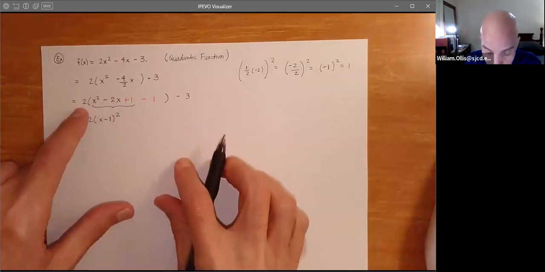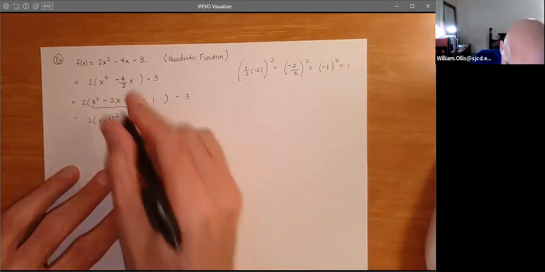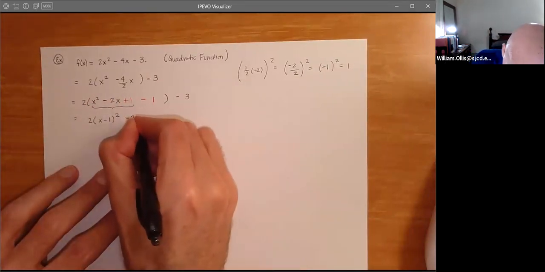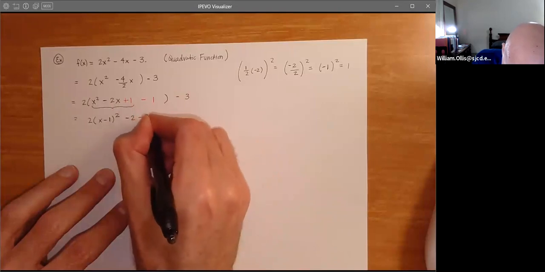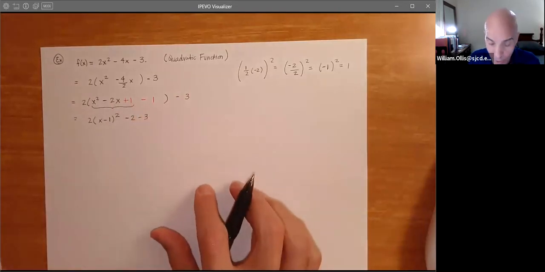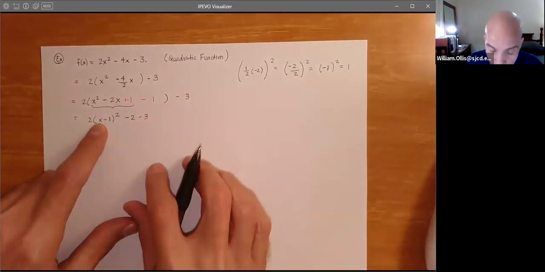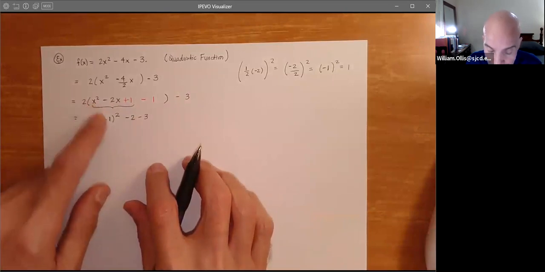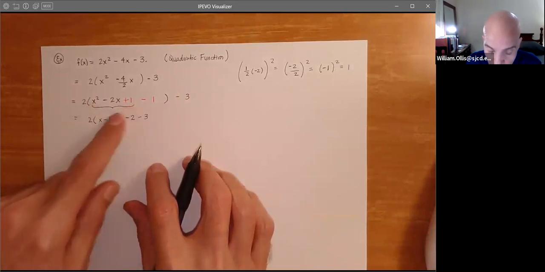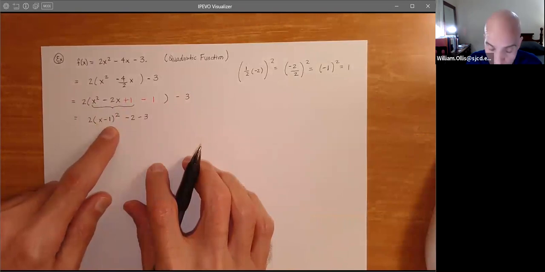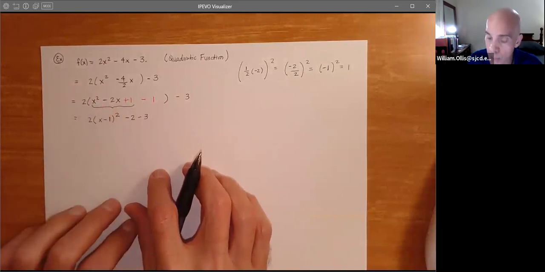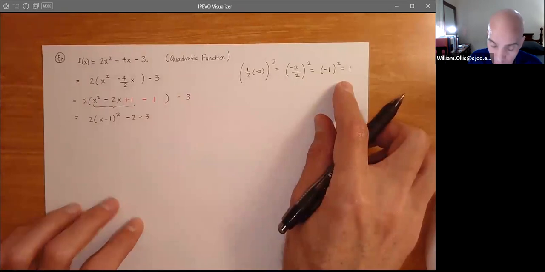And then of course we have a 2 times a -1, so that's a -2, and then of course we have the -3 here. Now, of course, let's just check everything. Notice here, we do the x squared, we get x squared. We square the 1, we get the 1, and then the x times the -1 times 2 gives us -2x. So we did our calculation correctly.